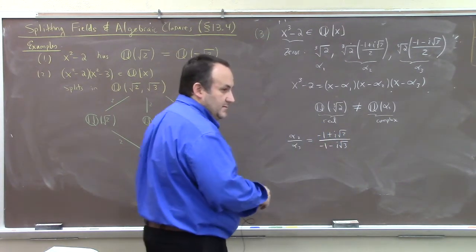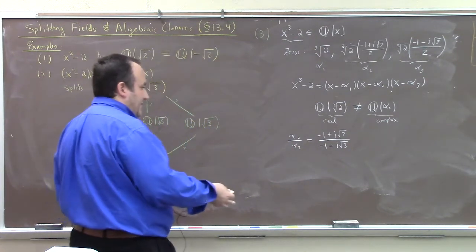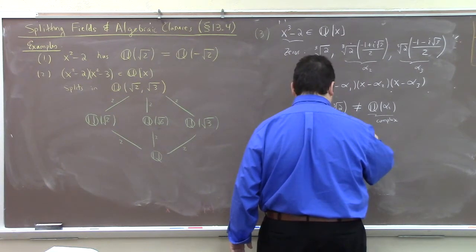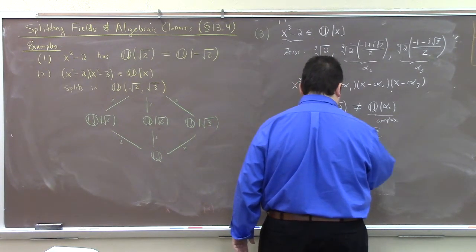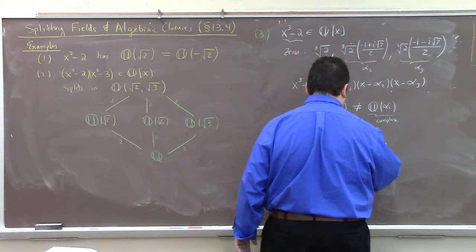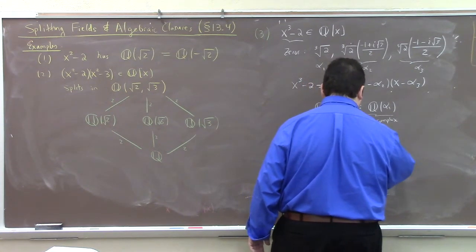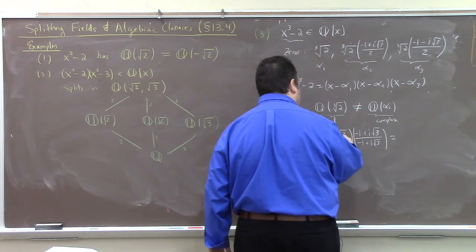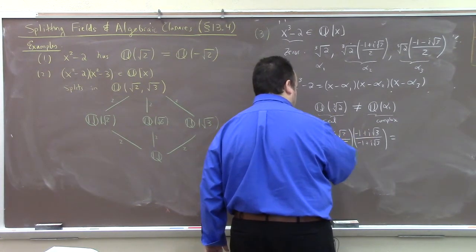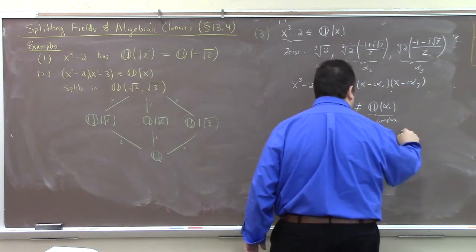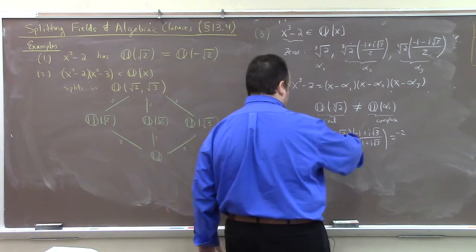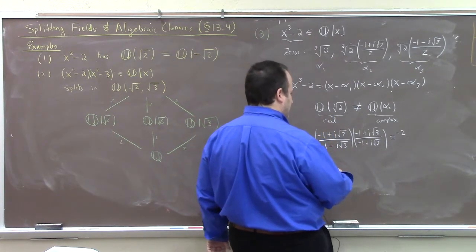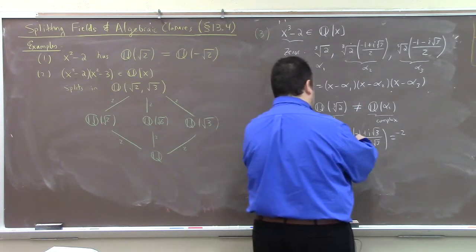And cleaning that up a bit, what do we got? You get a 4 on the bottom, and then you get some complex number. I get 1 minus 3, I get minus 2. The conjugates cancel, you get 4 on the bottom.